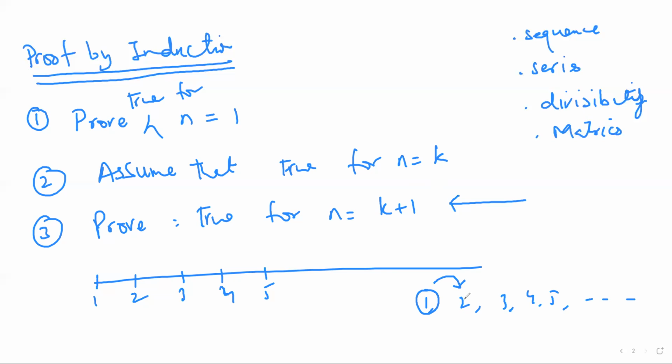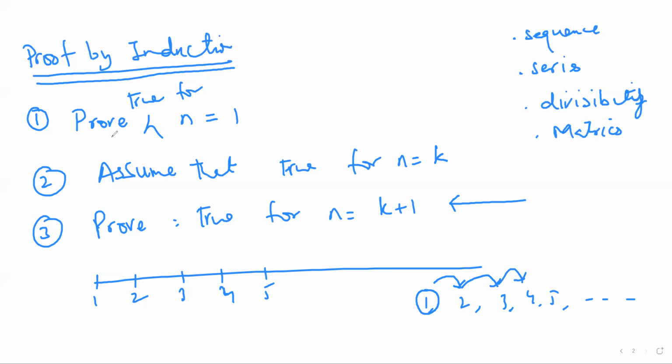And if it is true for 2, then it will be true for 3 as well. If it is true for 3, it will be true for 4. So that would mean that this given statement is going to be true for all the values for which we prove it.